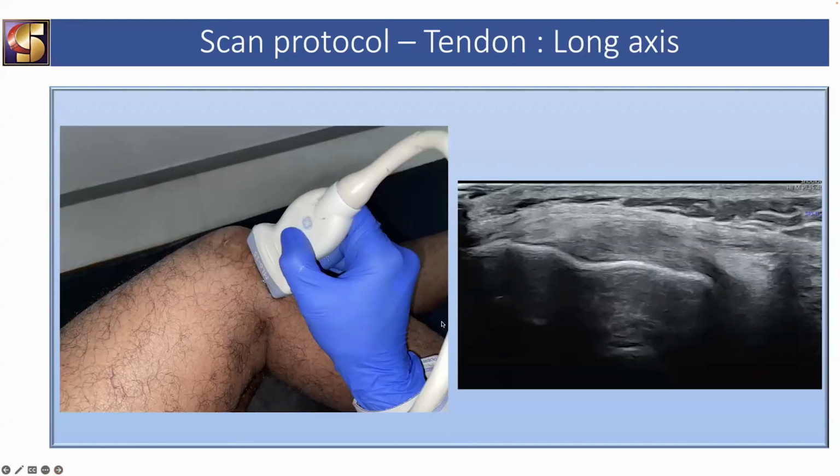For the long axis, we have to angulate the transducer with the proximal part of the transducer pointing towards the patella, so that we can beautifully see this parrot beak appearance of the popliteus tendon, which we regularly see for the supraspinatus. Here we can see the bony margin and the entire tendon up to the myotendinous junction.